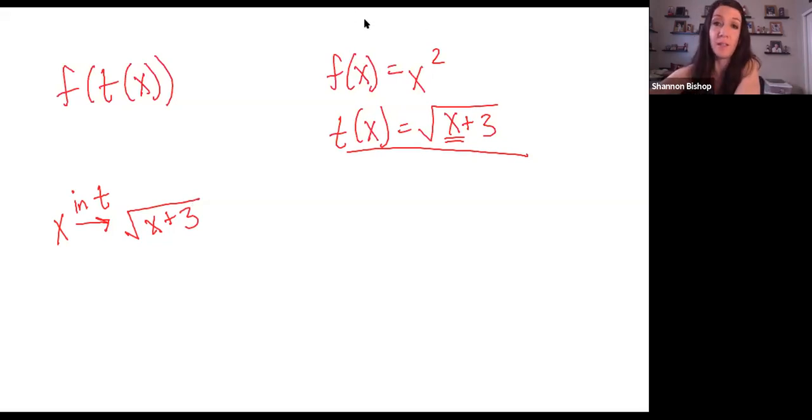Yes, but then the composition really kicks in because you're not just acknowledging t of x, you're then taking that whole function, variables and everything, and you're now going to plug it in to the function called f.